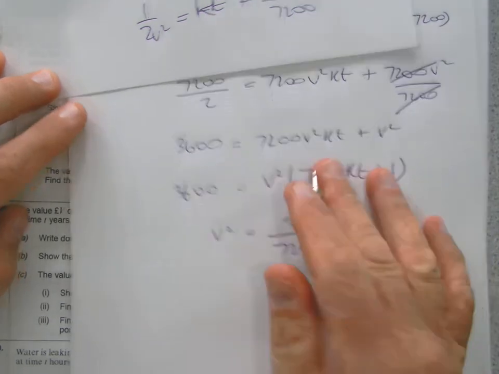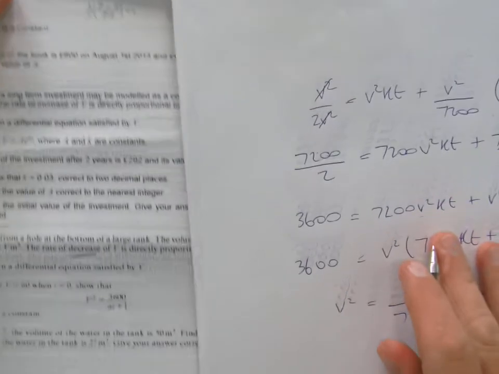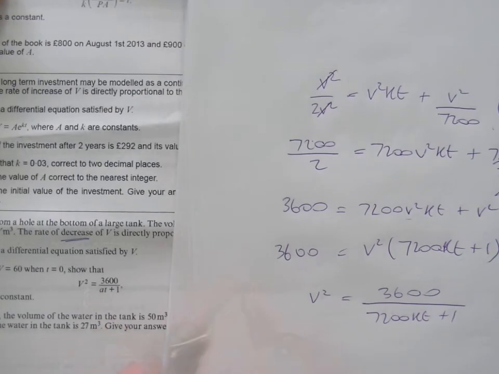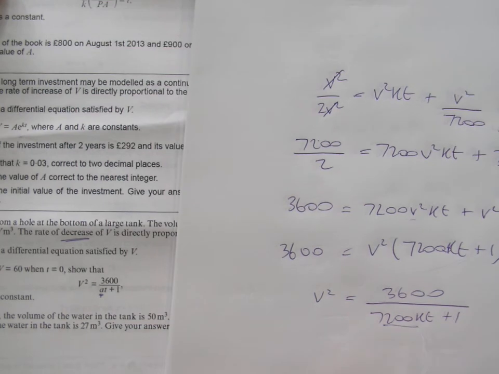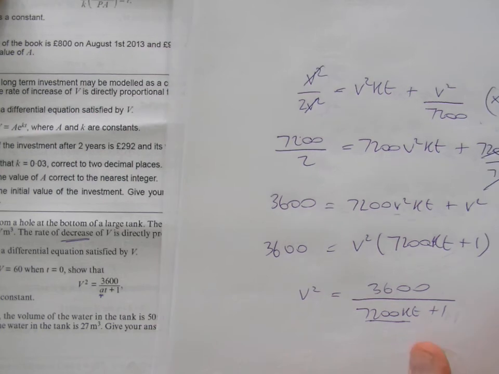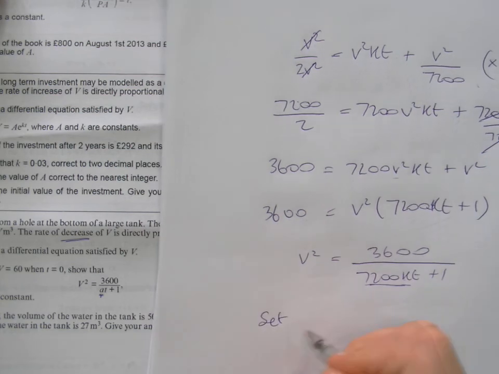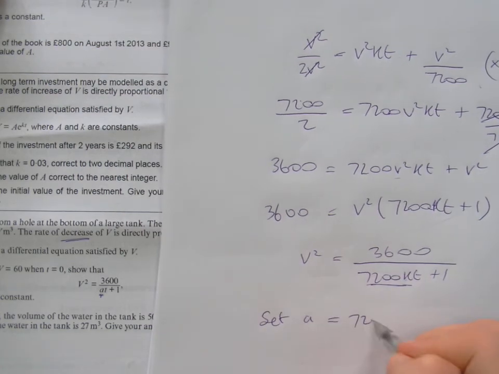And if you look at the question, it is pretty much like that. The only difference is we've got an a where we've got 7,200 k, but that's all right because 7,200 is just a number, k is a constant, so this is just a constant. So you can just set a constant equals 7,200 k.